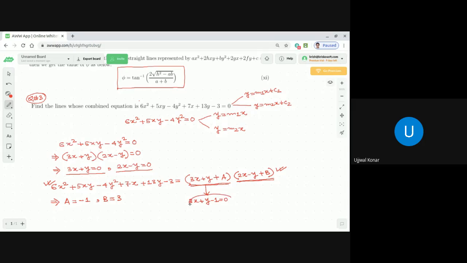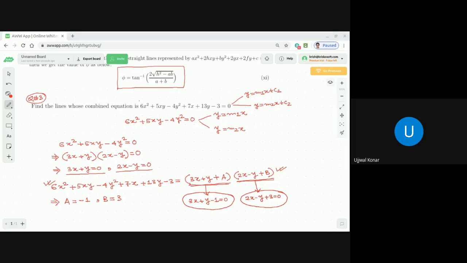So this is one equation. And another equation is 2x minus y plus 3 equal to 0. So these are the two equations represented by the given general equation of second degree in x and y. I hope you got it, dear students.